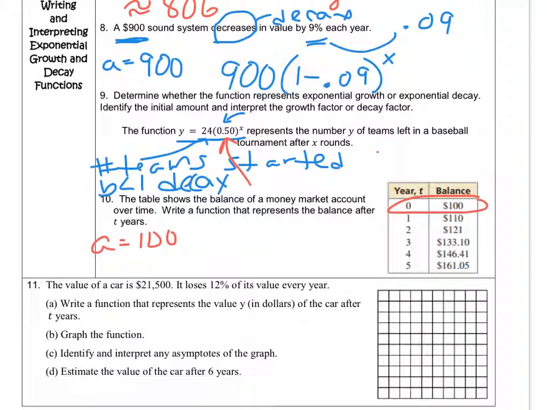And then I'm just going to divide 110 by 100, and 121 by 110, and I find out that my B, what that ratio is, is 1.1. So I know it's a growth because I've got bigger. So my equation is y equals 100 times 1.1 raised to the x value.